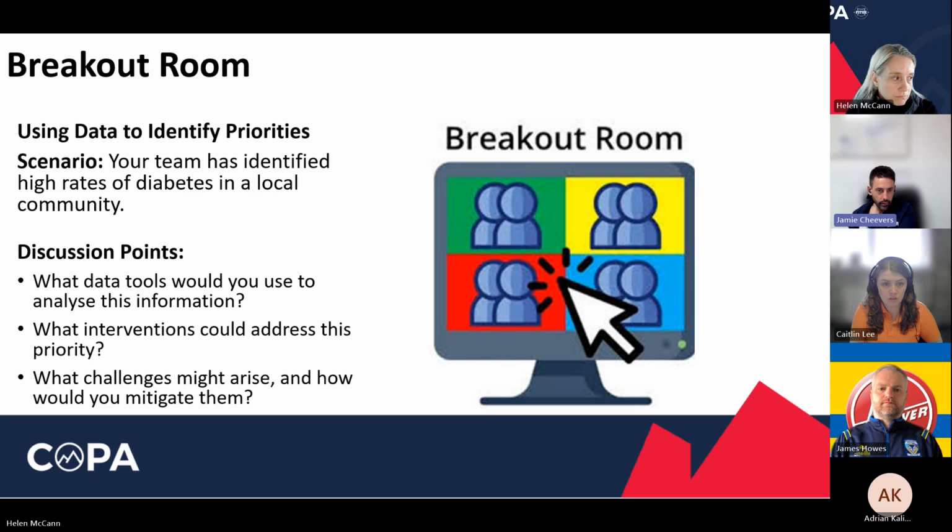I think Adrian's answered it all there. We also looked at previous data on what levels diabetes was previously, checking relevant data now, and then revisiting in the future so you can track the data, see whether it's going up or down.